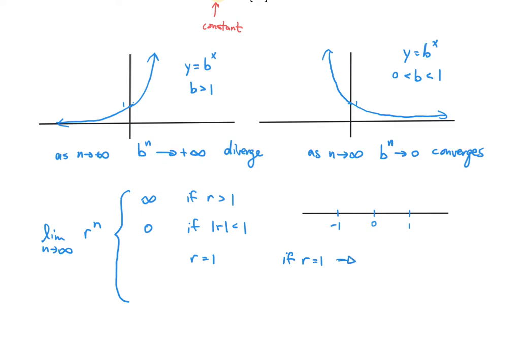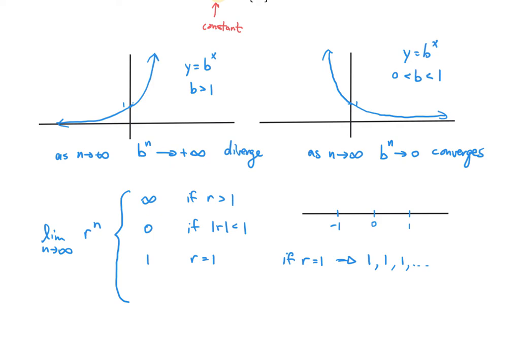Well, the first term of the sequence will be 1 to the first power, which is 1. The second term will be 1 to the second power, which is 1, to the third power, which is 1, and so on and so forth. So I hope I've convinced you that when r is equal to 1, 1 to the n is just going to go to 1.